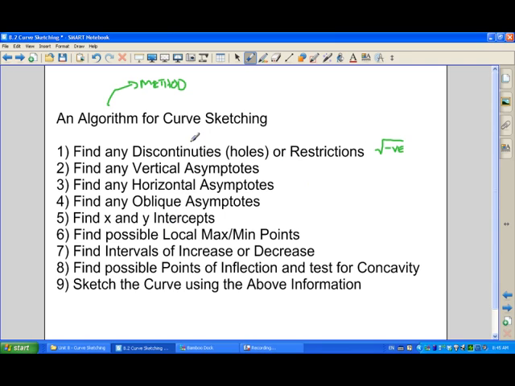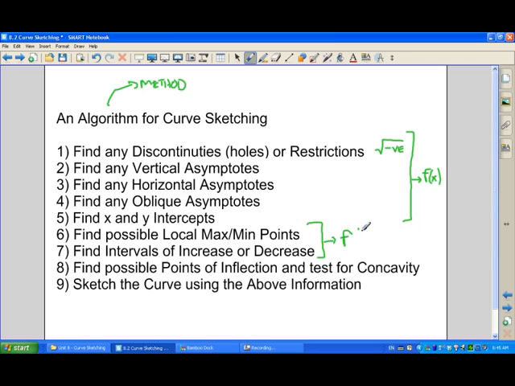And the first 5 items on my list are done with the original function f of x. After we've done these 5 things, we're going to then take the derivative and locate possible max-min points and our intervals of increase or decrease.